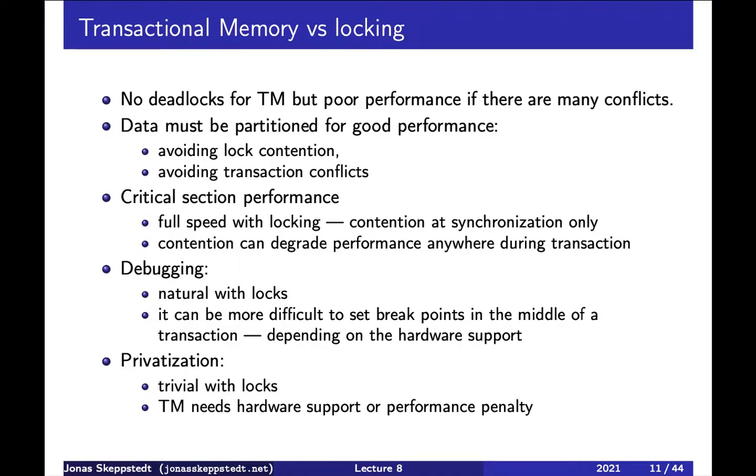One of the most critical things with multi-core programming is to partition the data so that we can, on the one hand, avoid lock contention and communication between different threads, and for transactional memory, avoid conflicts.